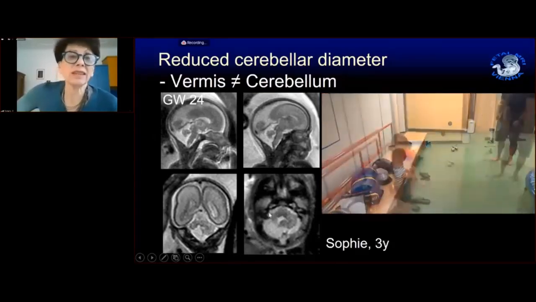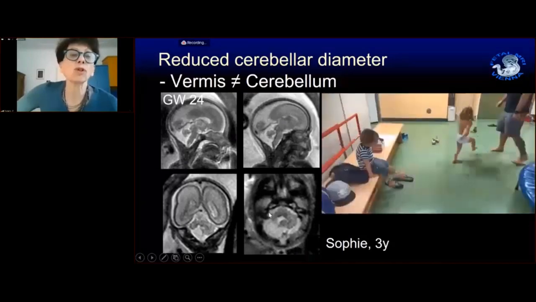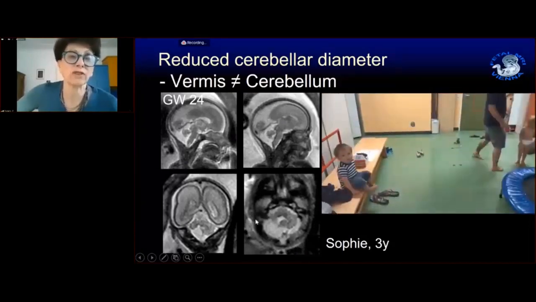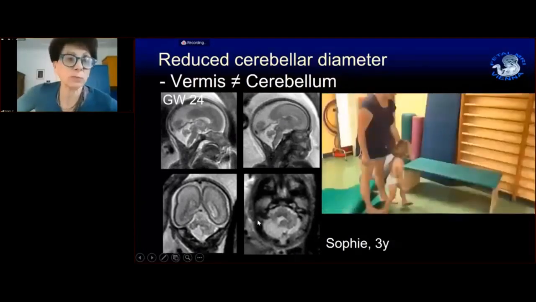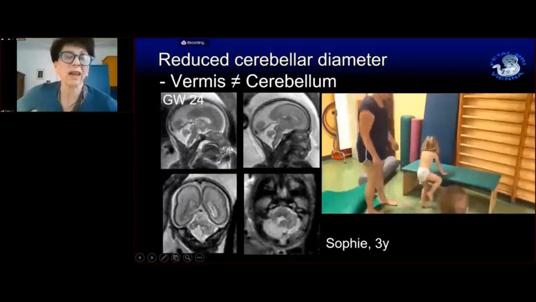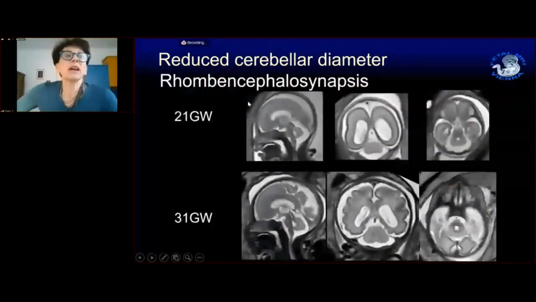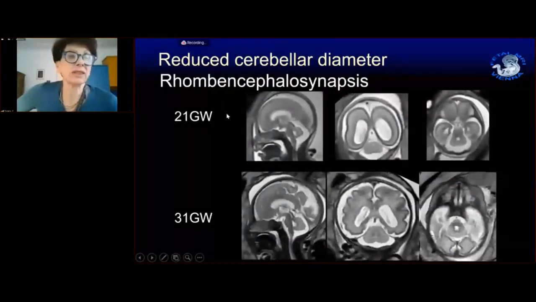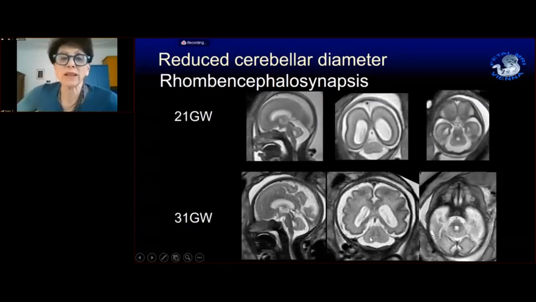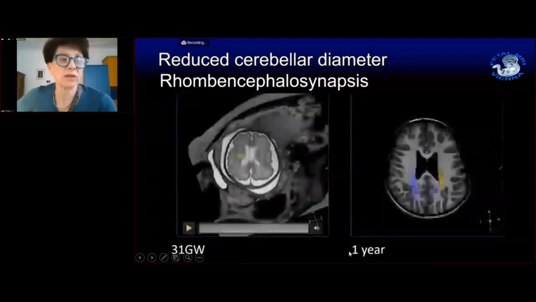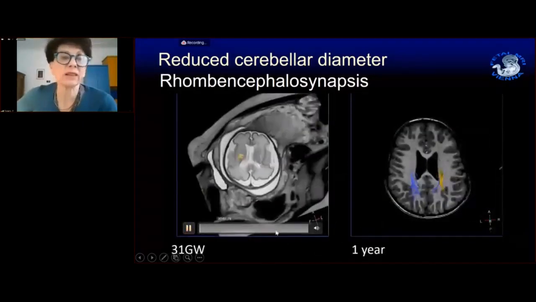Now, a reduced cerebellar diameter was already mentioned, and sometimes it is due to rhombencephalosynapsis, when the two hemispheres are fused or almost fused, because there are also partial forms due to a missing or partly missing vermis. And what we do here, we try to look at connectivity to be able perhaps in the future to tell more about the motoric function.